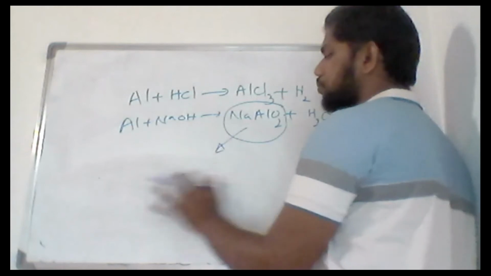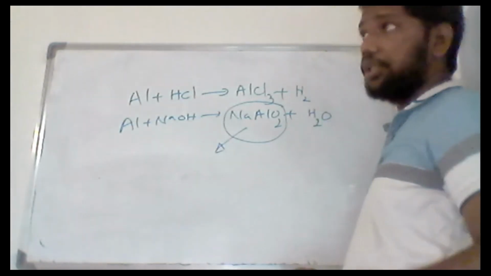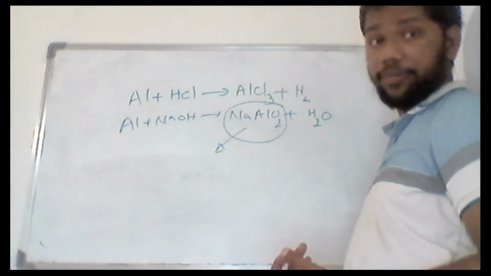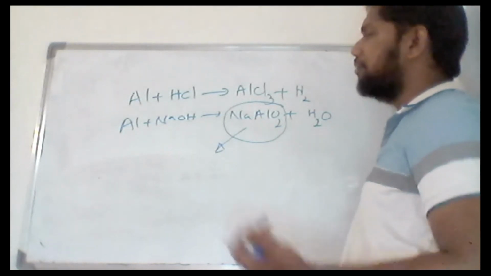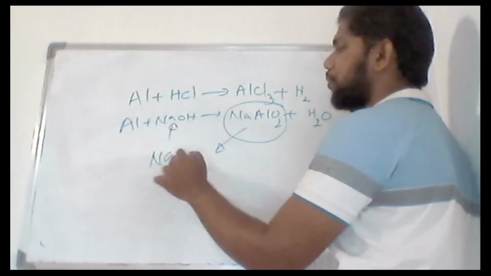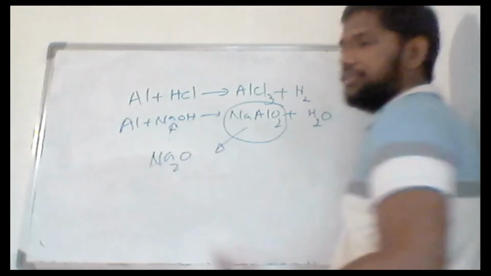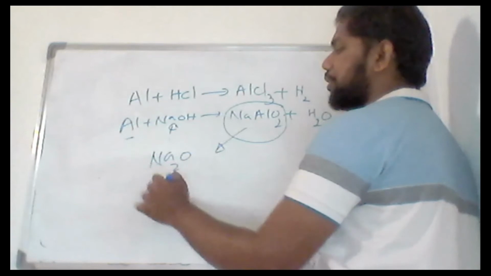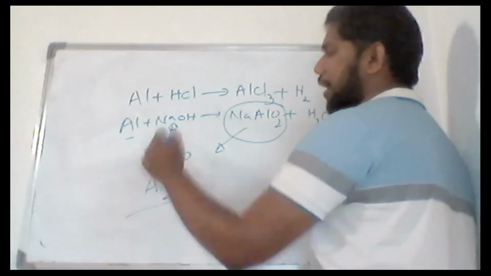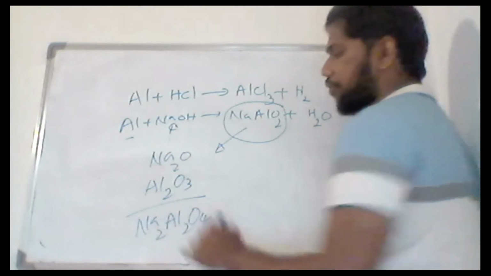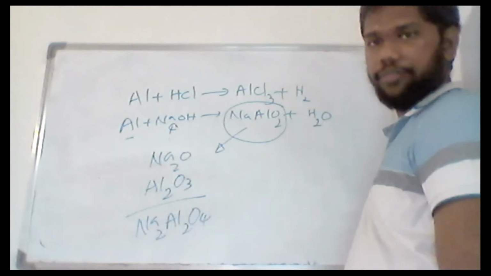If you don't remember the aluminate formation, basically what you have to do is take the most stable oxide for sodium, Na2O. And for aluminium, this is Al2O3. When you add them, this will be Na2Al2O4, the total form of the oxide.